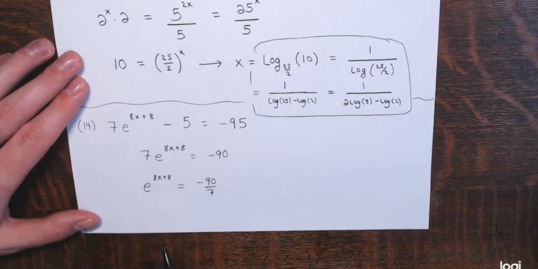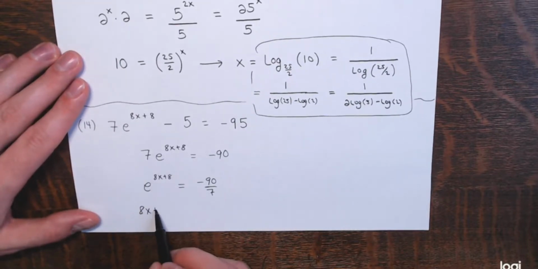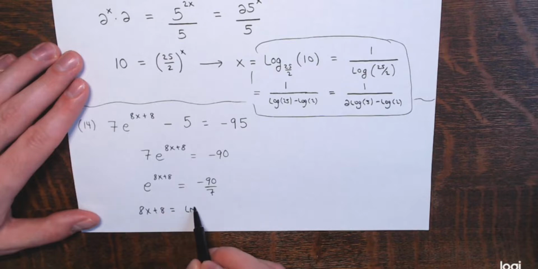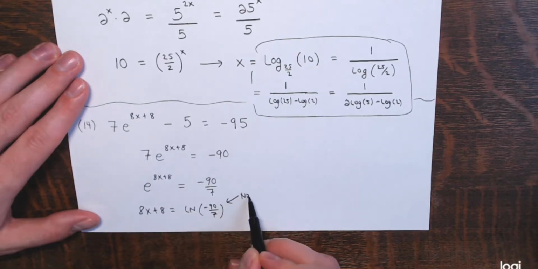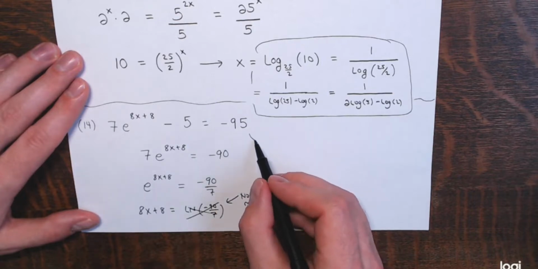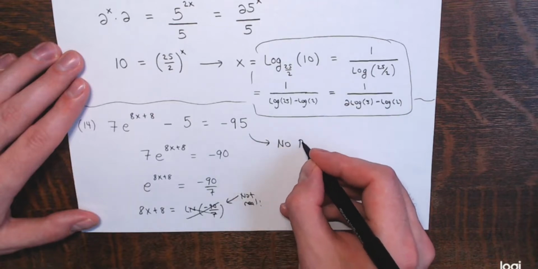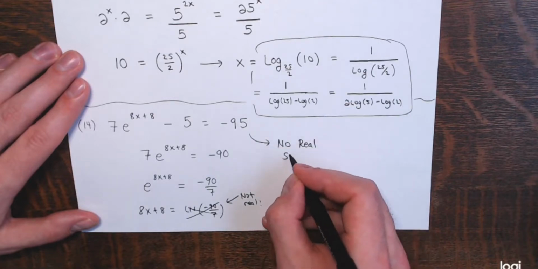Again, that's a problem because when I change it to logarithmic form, we're taking the natural log of a negative number, which is, again, not real. So there's no solution again. This is another one of those that would have no solution. No real number solutions or no real solutions.